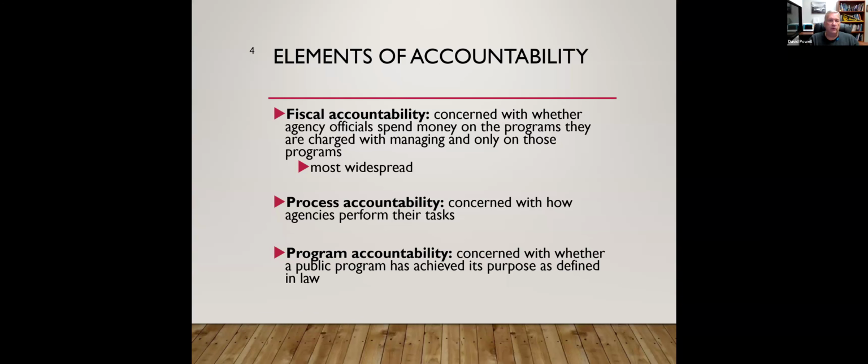Fiscal accountability is concerned with whether agency officials are spending money on the programs they are charged with managing and only on those programs. So in fiscal accountability, we are looking at how administrators are spending this precious taxpayer money. And are they spending it in the legally appropriated manner in which they are supposed to spend it? So here we're looking at, is the money being spent in the way in which it's been appropriated by Congress or by a state legislature?